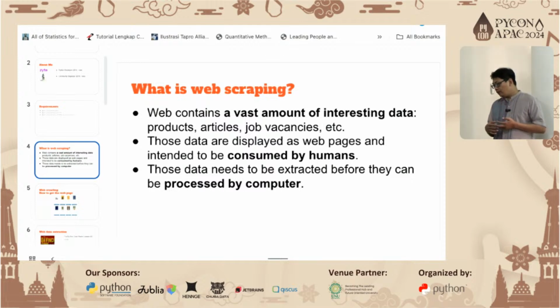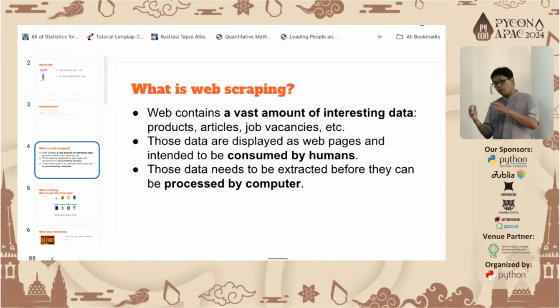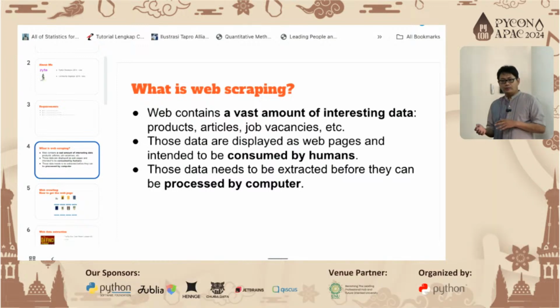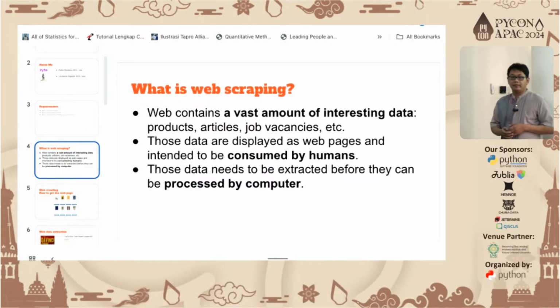So you need to write a program called a web scraper to convert the data from a semi-structured format, it can be HTML, it can be JavaScript, into a structure that can be understood by your data pipeline.